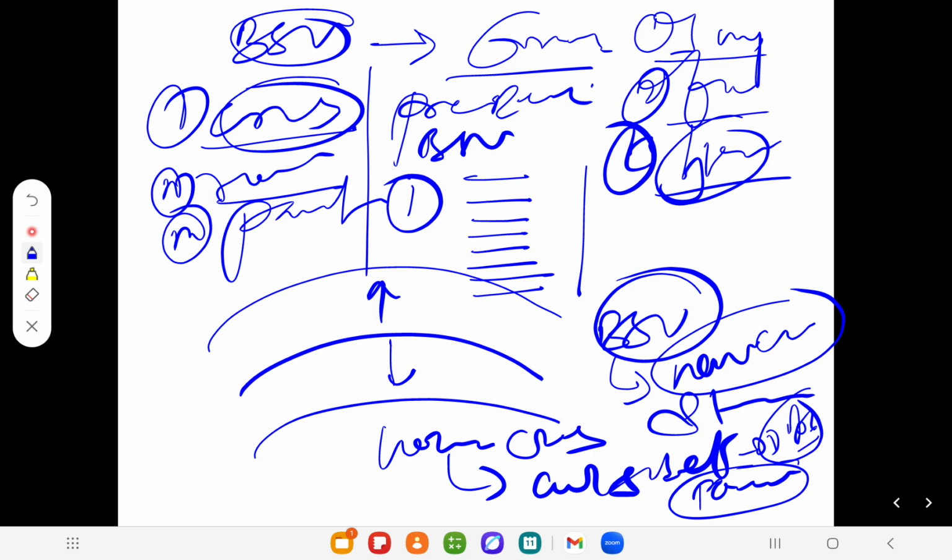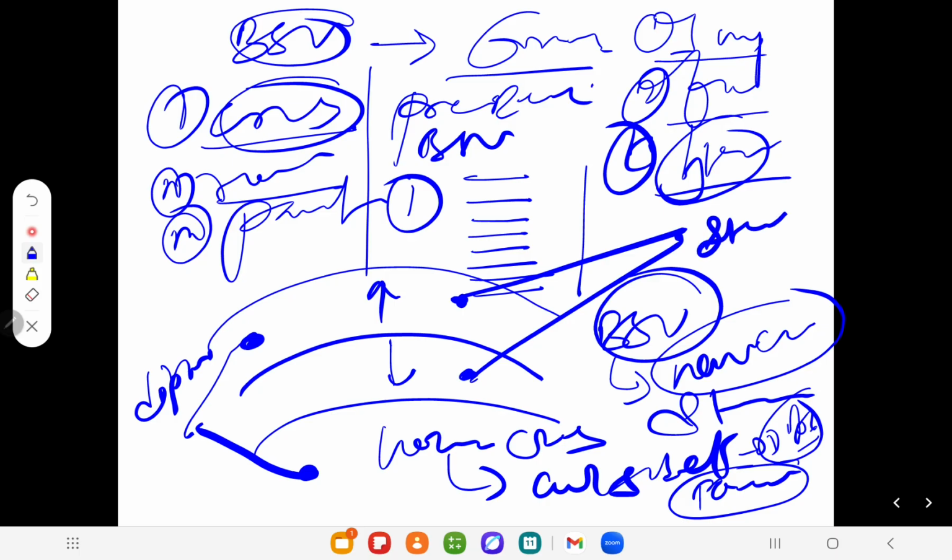Away from Panum's fusional area, let's take an example: one point is here and one point is away from the area, it will create diplopia. If one point is here and one point is here, within Panum's fusional area, it will create stereopsis. That's the basis of binocular single vision.